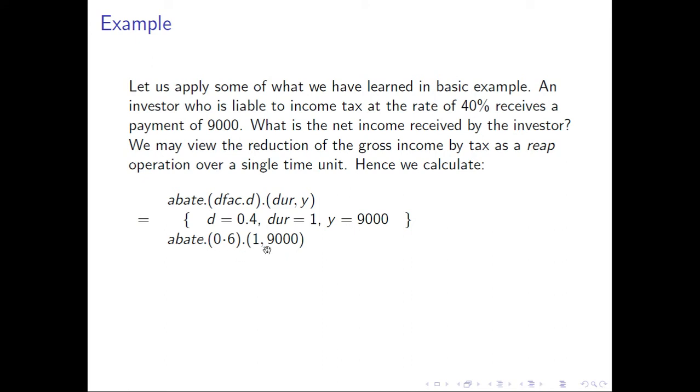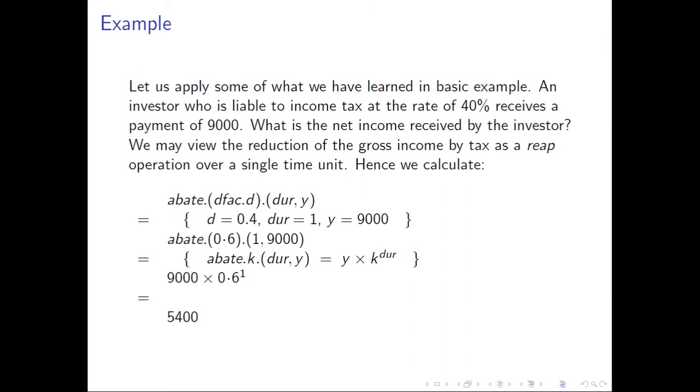So we reduce to this expression, because remember that 1 minus 0.4 is 0.6. Then the definition of abate gives us 9,000 times 0.6 to the power of 1, and we can easily calculate that. That's 5,400. Okay, so after tax, the investor will actually get £5,400. Wow, that's a big chunk of money that goes into tax.